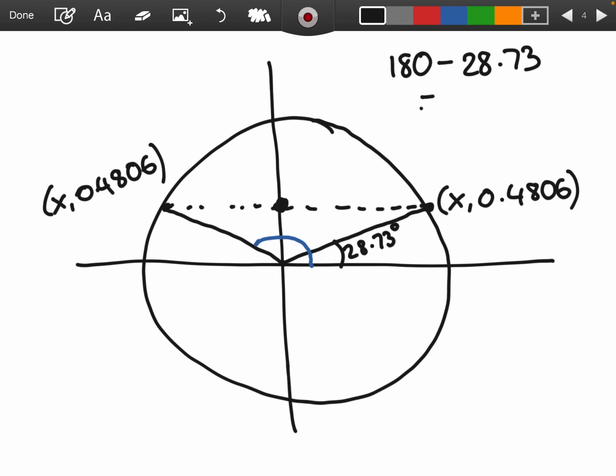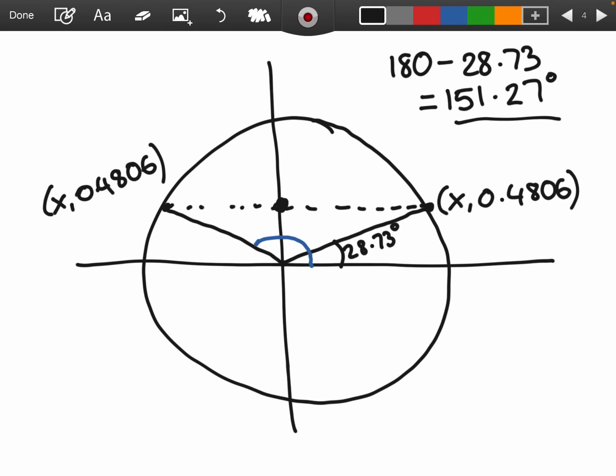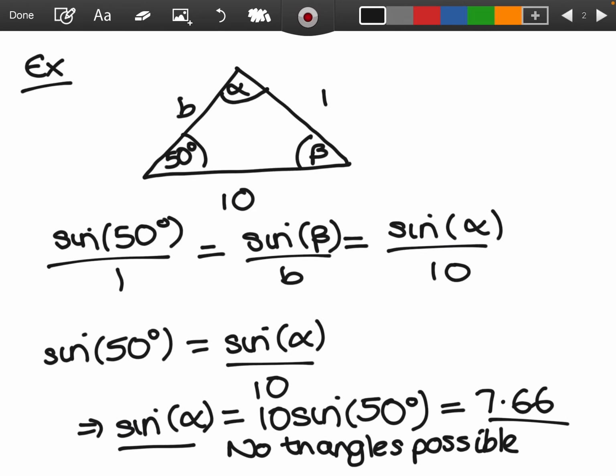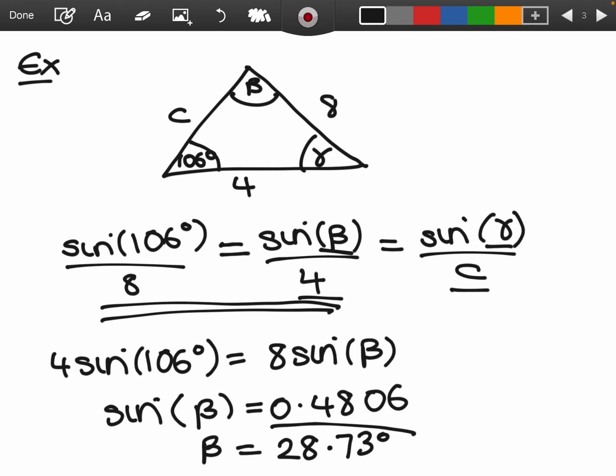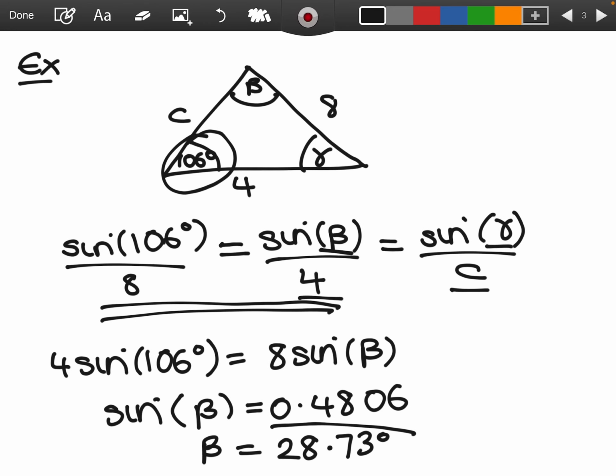That angle, if you work it out, is going to be 151.27 degrees. That's a huge angle. Okay. We know that beta cannot possibly equal this angle of 151.27 degrees because we've already got an angle in our triangle of 106 degrees. 106 degrees plus 151.27 degrees is greater than 180.